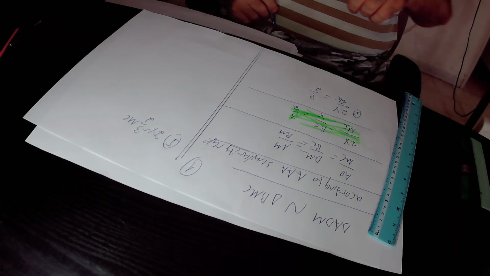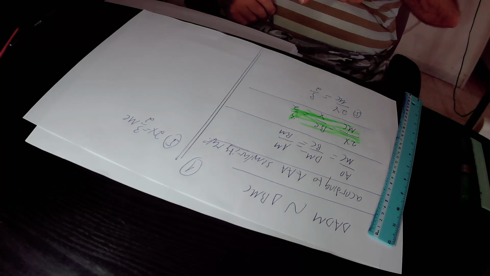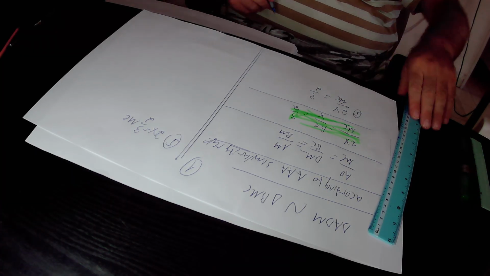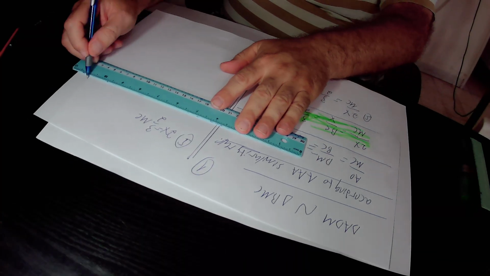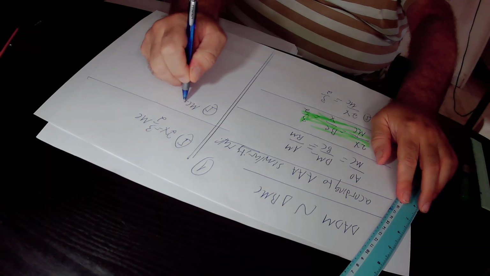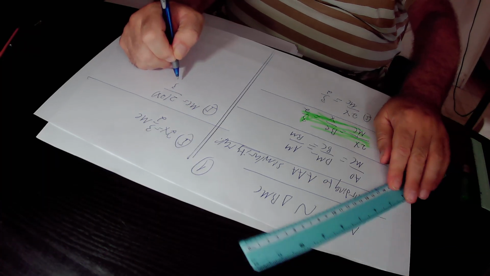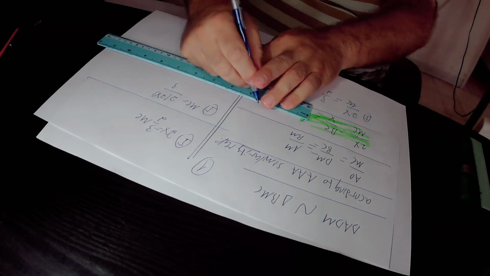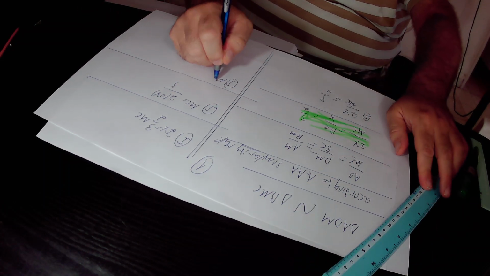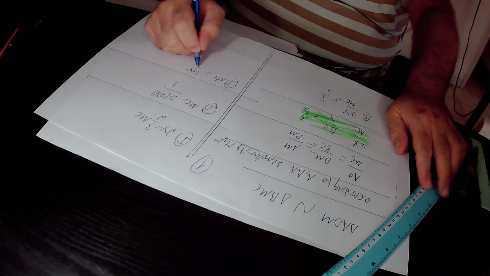Then we will multiply this equation by 2 and divide it by 3 simultaneously, and we get that MC equals 2 times 2x over 3. So MC in total, according to equation 1, equals 4x over 3.